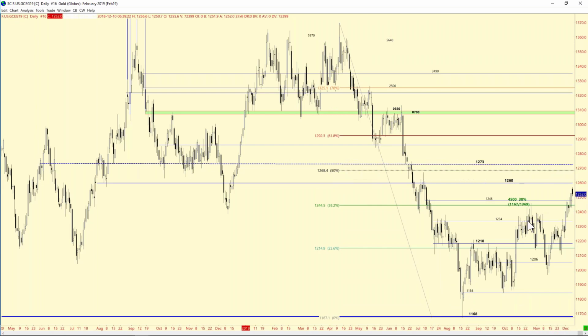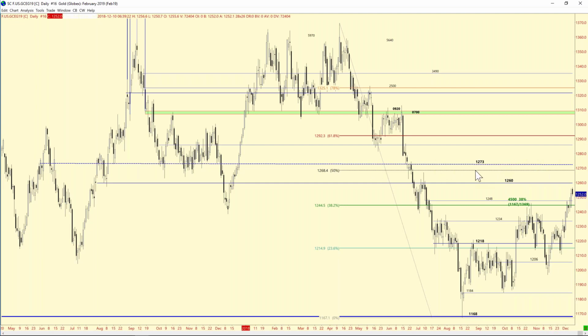And on this 38%, we did see a pretty decent pullback. Probably eventually this thing will want to come up to the 1285-ish area. Generally, if you see a pullback from a fib, like in this case a 38%, the next one's not going to stop it. It's probably going to end up going toward the upper 1280s, eventually.